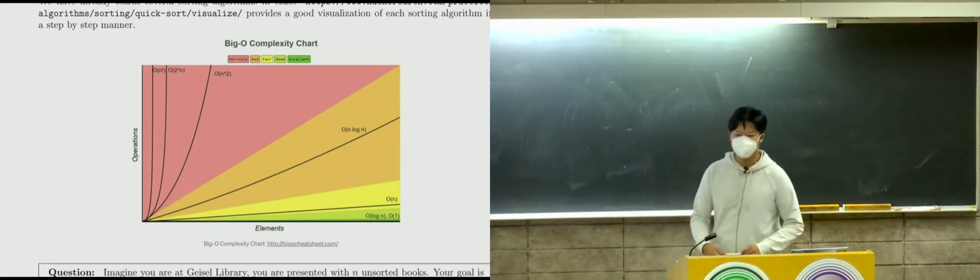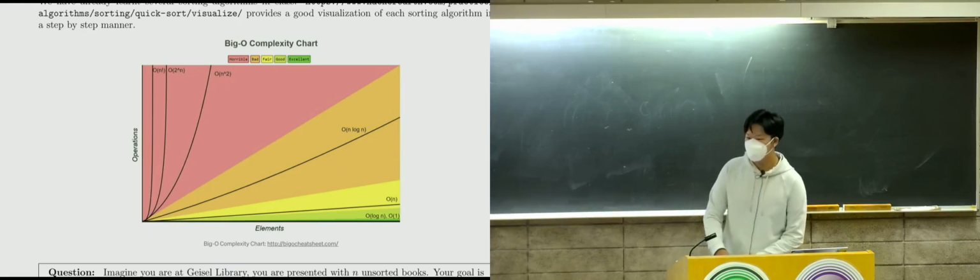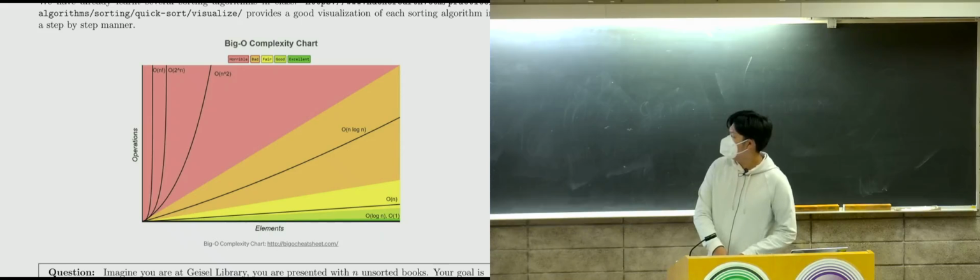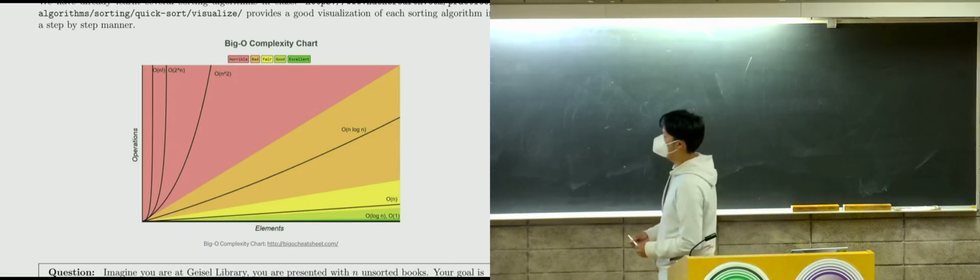A quick quiz: what sorting algorithm is n factorial? Selection? Selection's worst case is I think n squared. So n factorial is really, really bad. We don't want to have something like that.